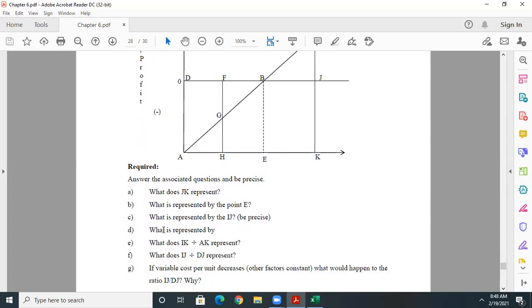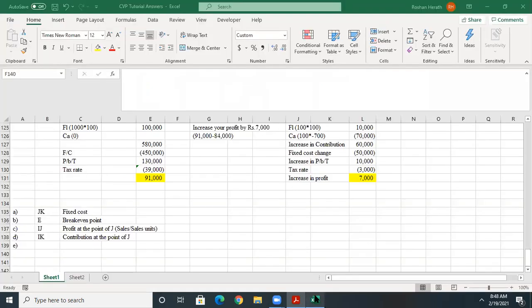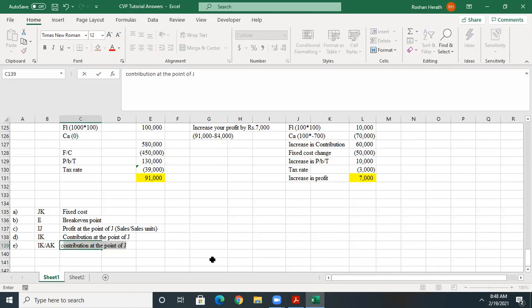So the one possible answer, as you have indicated, is IK divided by AK. If the x-axis is the units, it could be contribution per unit. Yes, you are correct.